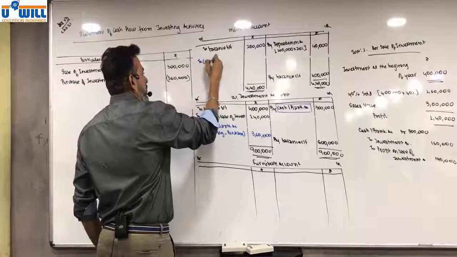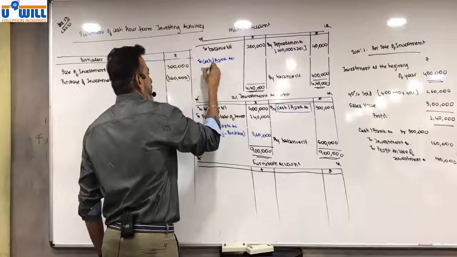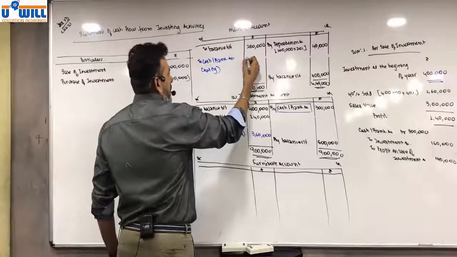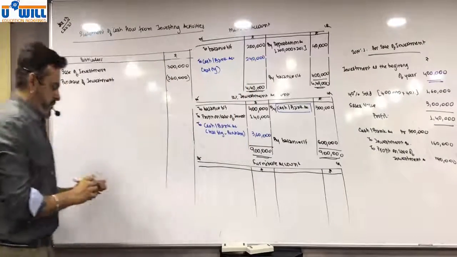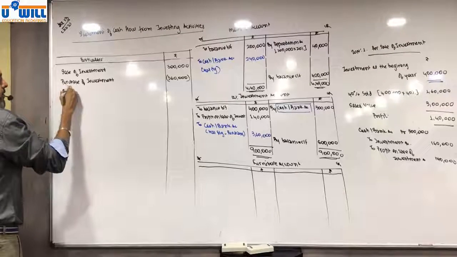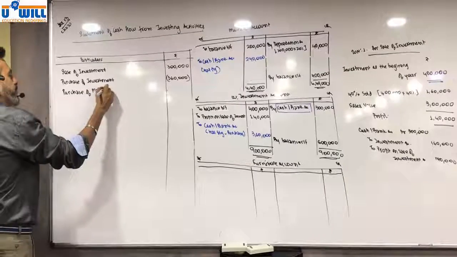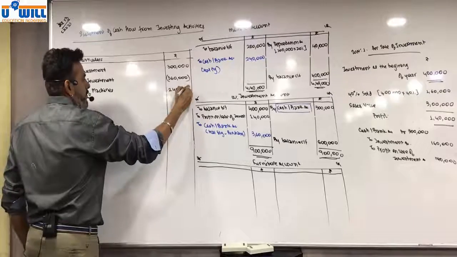To cash or bank, balancing figure, 2,40,000. Purchase of machine 2,40,000.